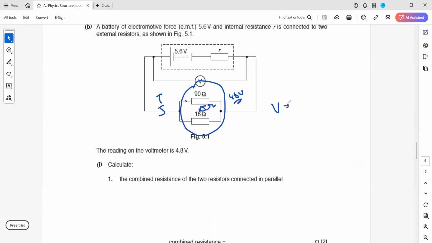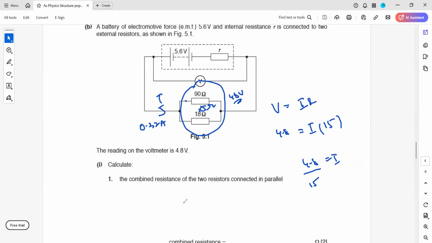So we use the formula V equals IR. V is the voltage, 4.8, across this parallel combination. I is the current, which we don't know, and R is the resistance, 15. So it will be 4.8 divided by 15. We get 0.32 ampere, which is the current that flows through this.